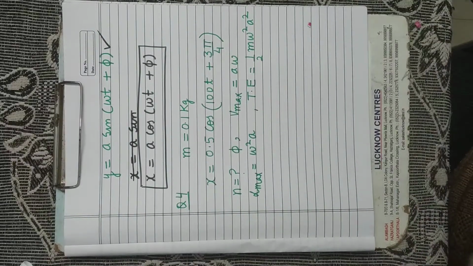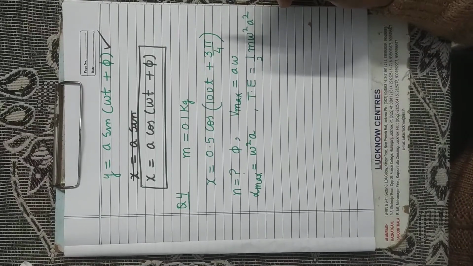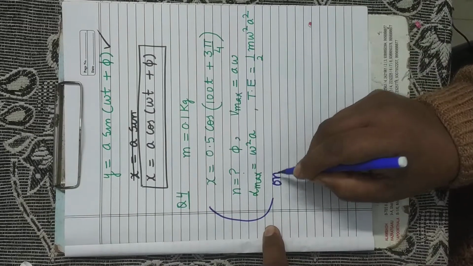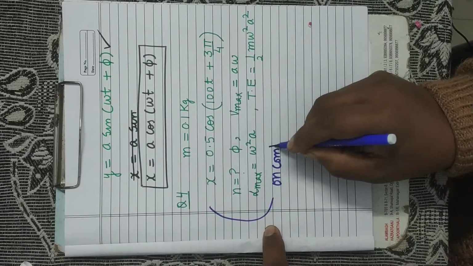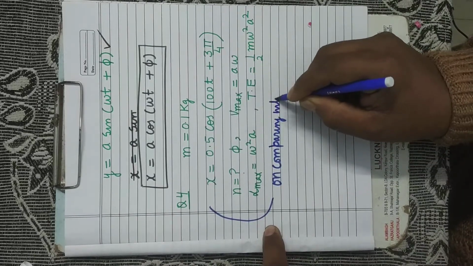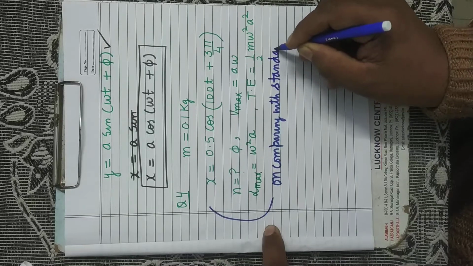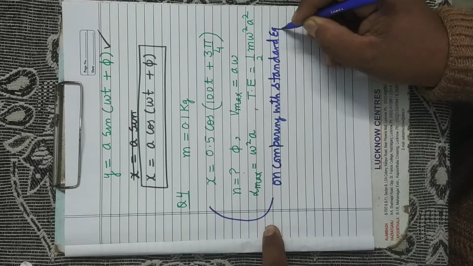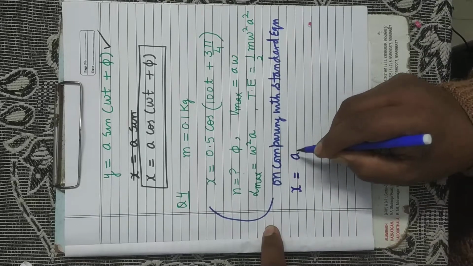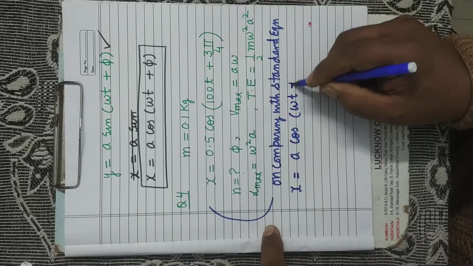How will you determine them? You compare this with the standard equation. On comparing with the standard equation, what will you get? x equals a cos(omega t plus phi).